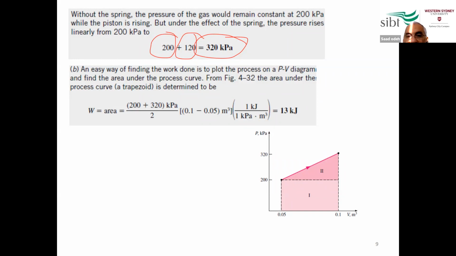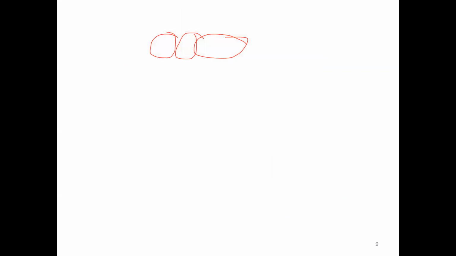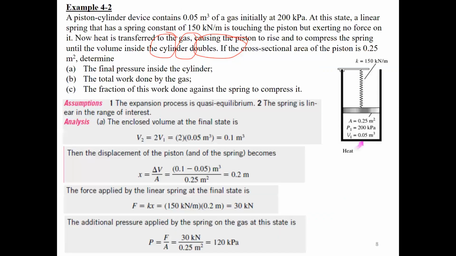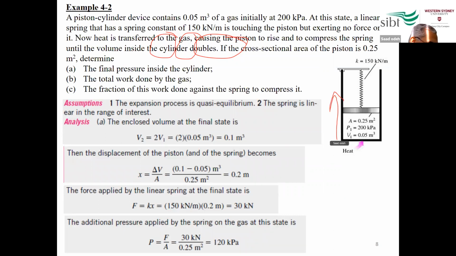If I go back to this figure, can you see the movement is upward, which means that I'm increasing the volume of the gas. If I'm increasing the volume, we said it's expansion. And because it's expansion, we're going to produce work from this process.